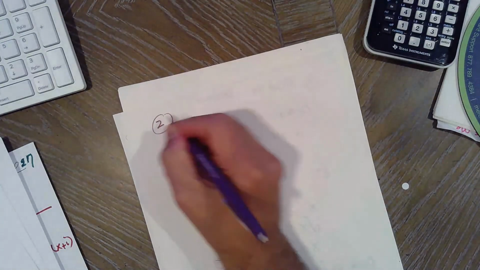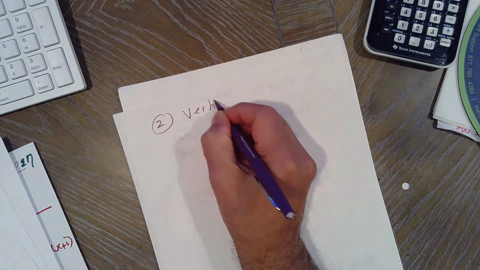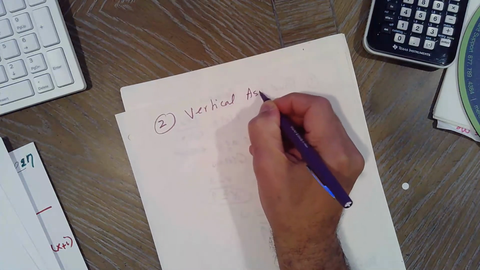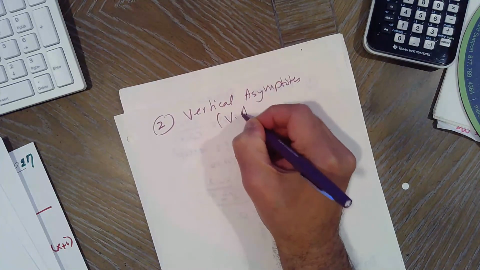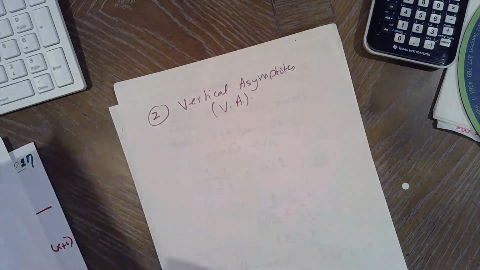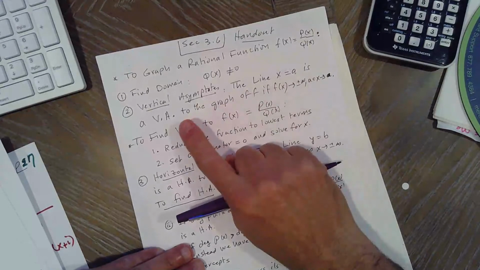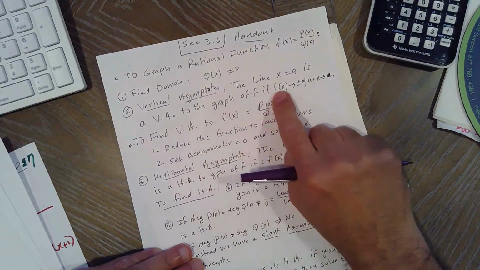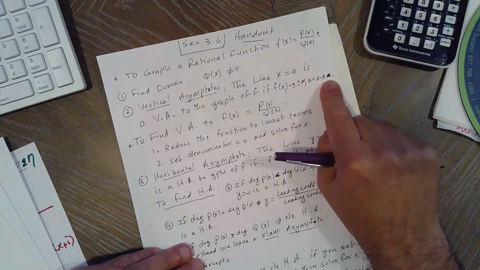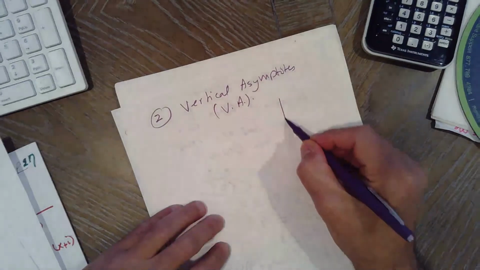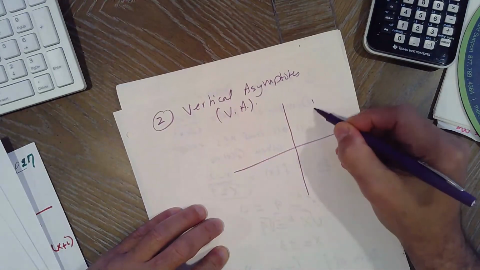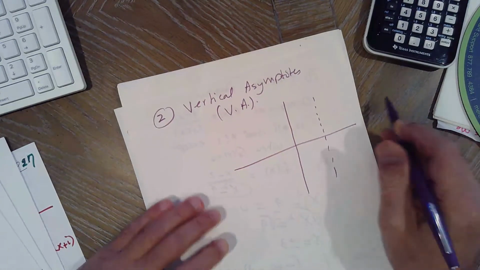Then we want to find what we call the vertical asymptotes. If you look at the handout, the line x equals a is a vertical asymptote if f of x goes to infinity as x goes to a. Basically a vertical asymptote is a dotted line, it would be like this.